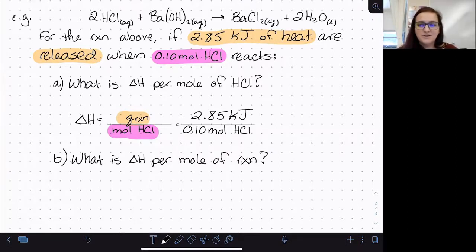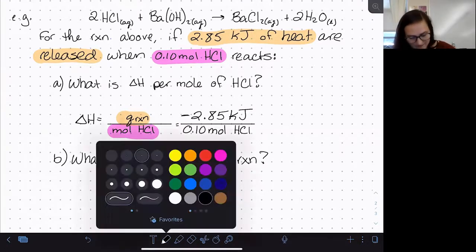Remember that a kilojoule is just 1,000 joules. Chemical reactions often give off rather a lot of energy. So we usually work in kilojoules for most chemical reactions. And the fact that this is being released, this is being given off by my reaction to the surroundings, means that the reaction itself, my system, is losing energy. So we want to express that as a negative value.